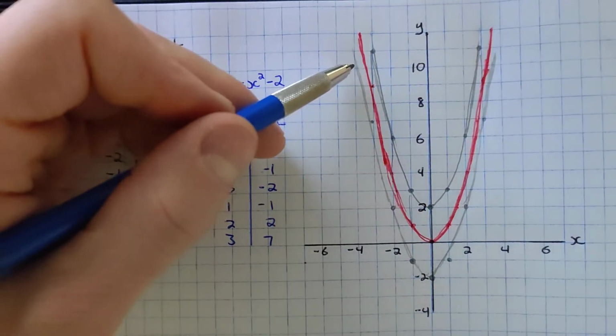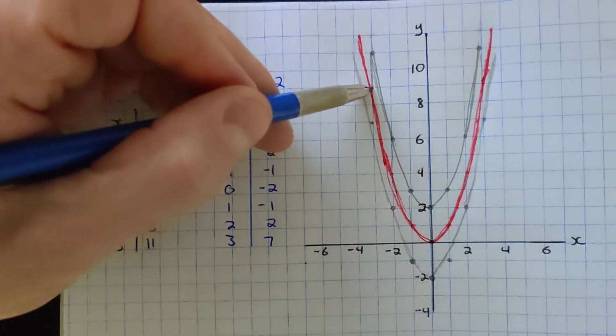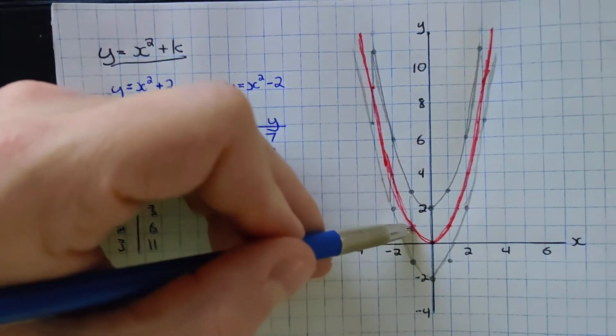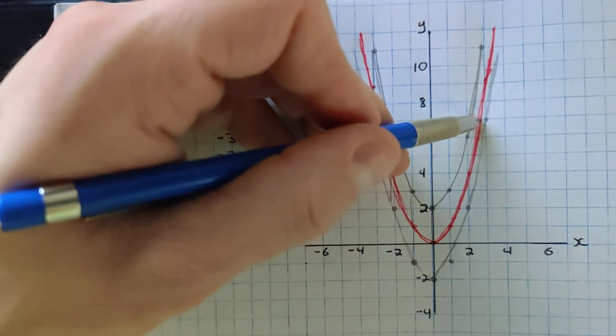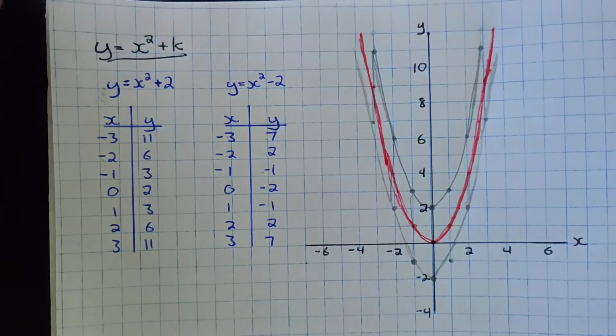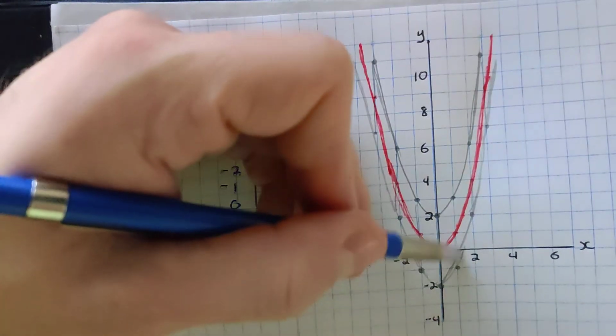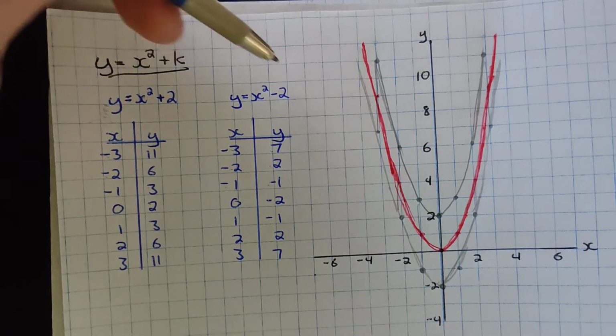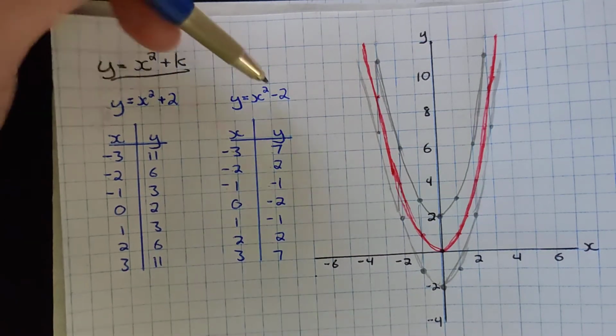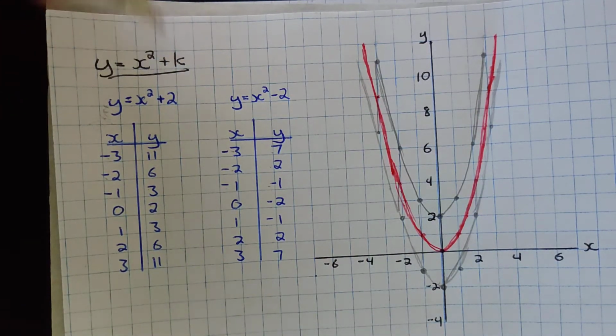And again, our graph has taken each point and shifted it down this time instead of up, but down 2. So every point has gone down 2 values. And everything is shifted down 2. And we have our parabola. So when we add or subtract onto the x squared portion, adding makes it go up that much. Subtracting shifts everything down that much.